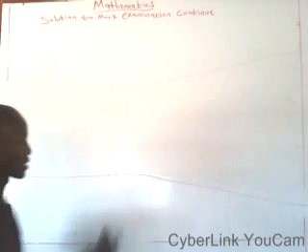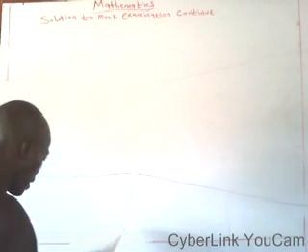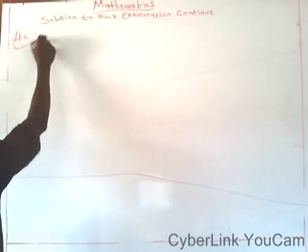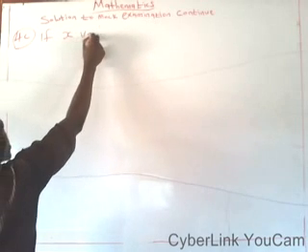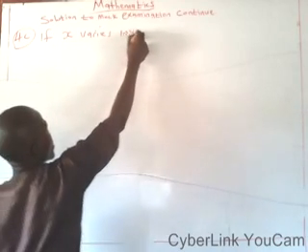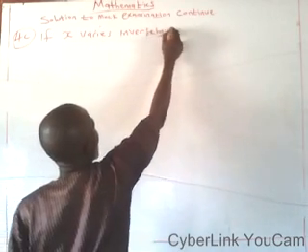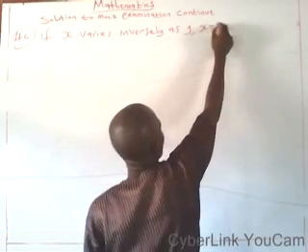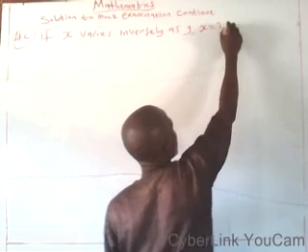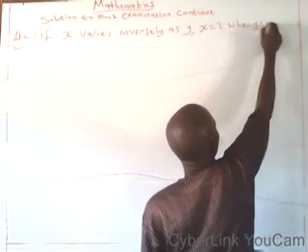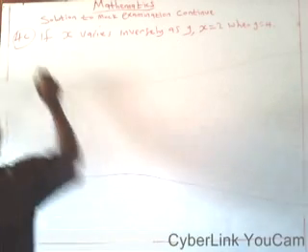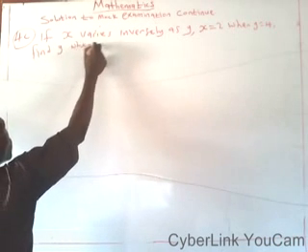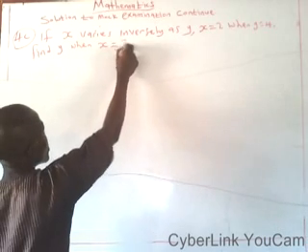Question number 4C says that if x varies inversely as y, x is equal to 2 when y is equal to 4, then find y when x is equal to 8.